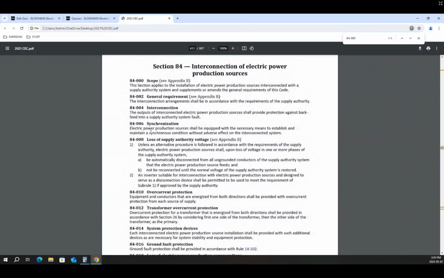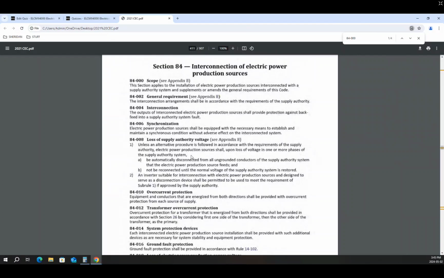Okay, looks like it's an inverter in here. Interconnected electrical power sources shall provide protection from backfeed. Sources shall be equipped with necessary means to establish and maintain synchronous condition unless an alternative procedure is followed.